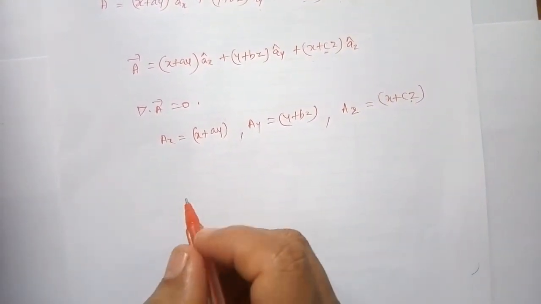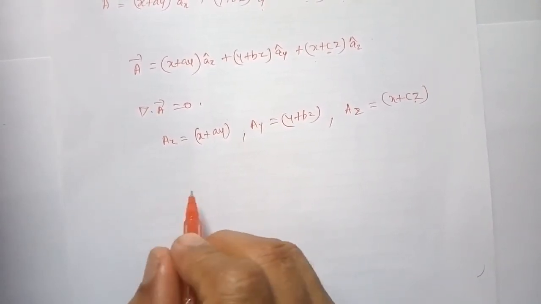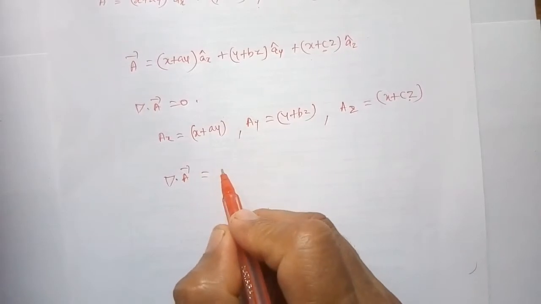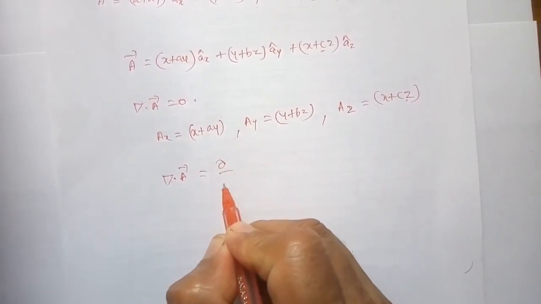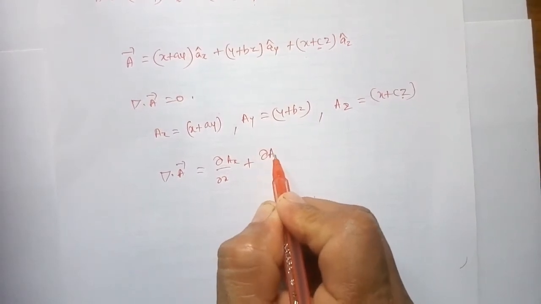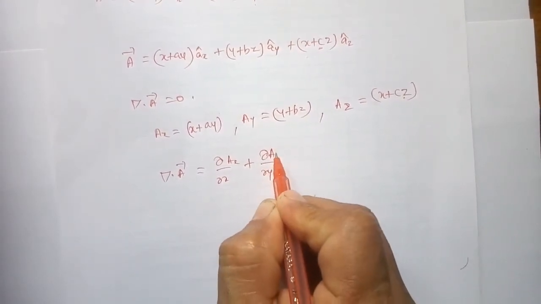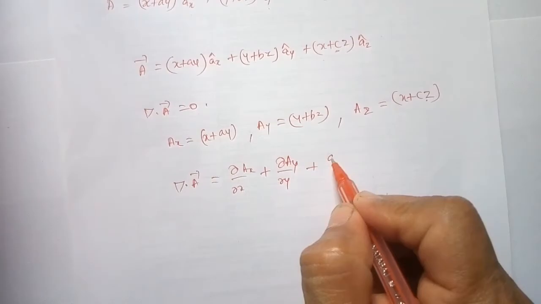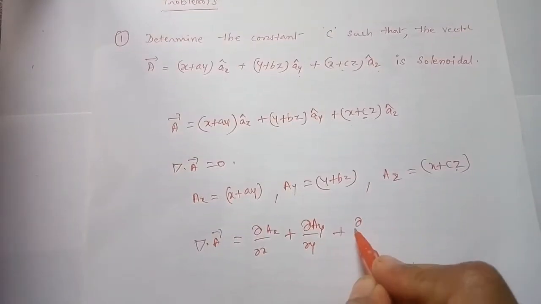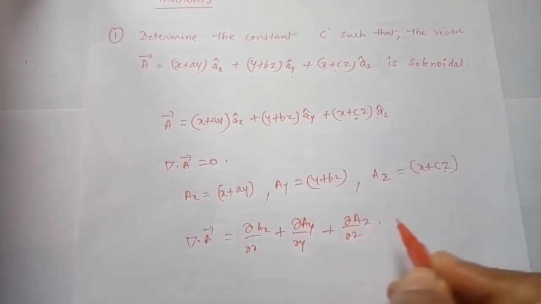Now, if you recall, del dot A is dou by dou x of Ax plus dou by dou y of Ay plus dou by dou z of Az.